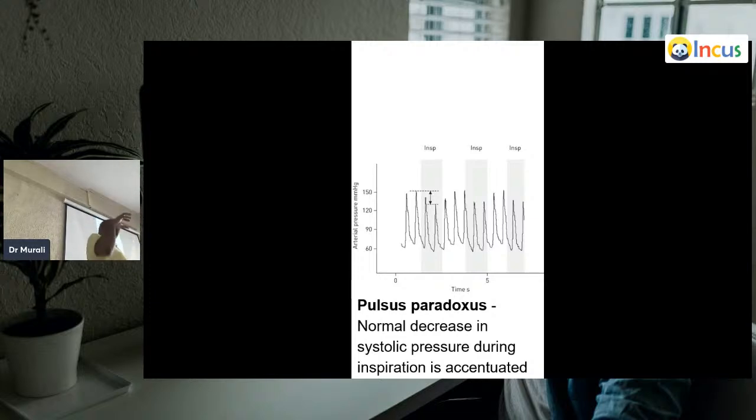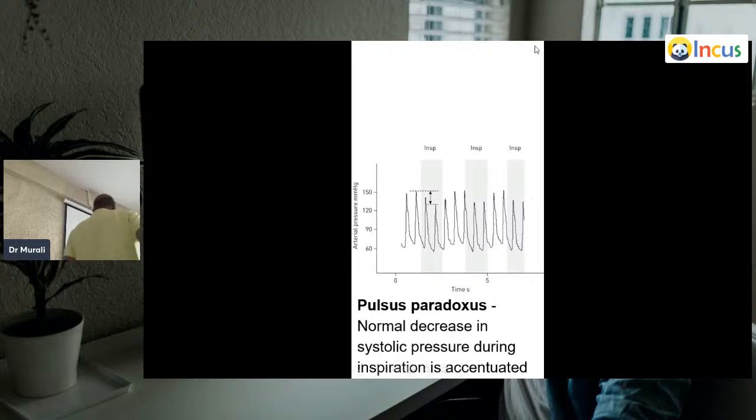That will go into the right ventricle. Then the right ventricle becomes fat. So when it becomes fat, the interventricular septum will push into the left ventricle, so that the left ventricle output will diminish. This normally happens during inspiration. The pressure of the pulse will come down. But this happens more significantly if there is any cardiac tamponade.